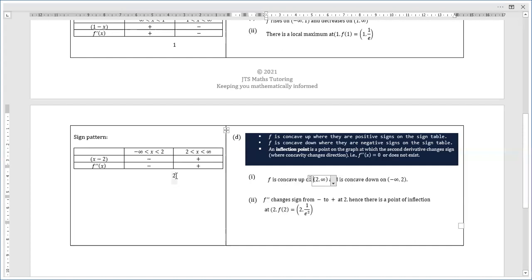Take note of that. I've seen many students making that mistake. You plug it into the original function. So when you do so, you'll notice that we have got a point of inflection when x equals 2 and y equals 1 over e to the power 2. Right there, this is where we are. We've actually answered that question.